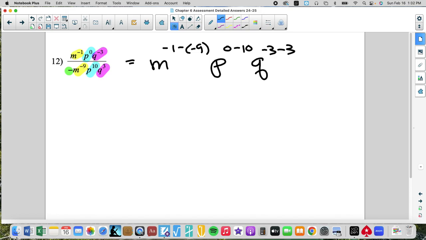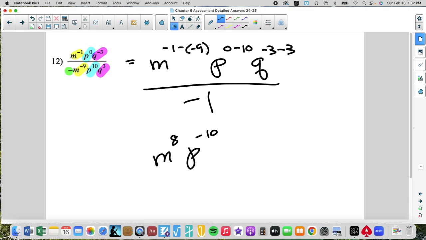And then we have this negative over -1. Now, m to the -1 minus -9 is m to the -1 plus 9, which is 8. We have p to the 0 minus 10, which is p to the -10. And q to the -3 minus 3, which is q to the -6 over -1.